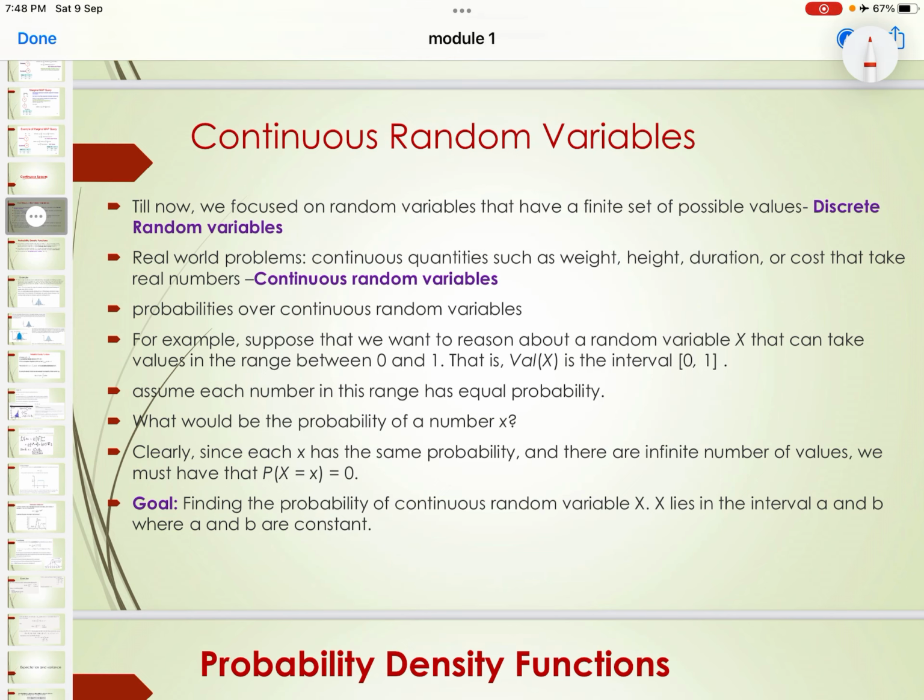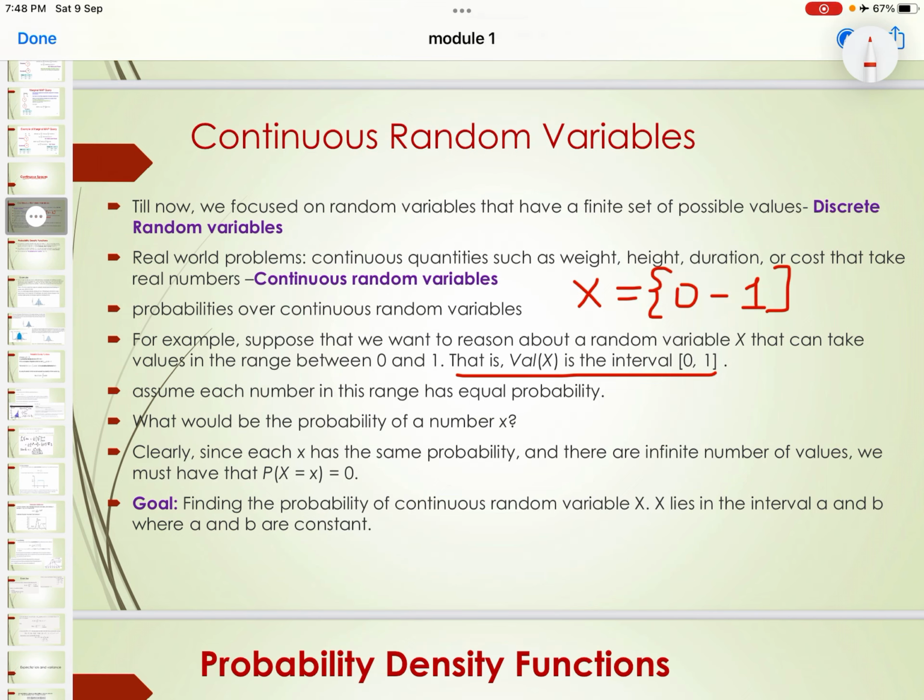For example, suppose that we want to reason about a random variable x that can take values in the range between 0 and 1. So there is a random variable x and this variable can take values between 0 and 1. That is, the value of x is in the interval [0, 1].